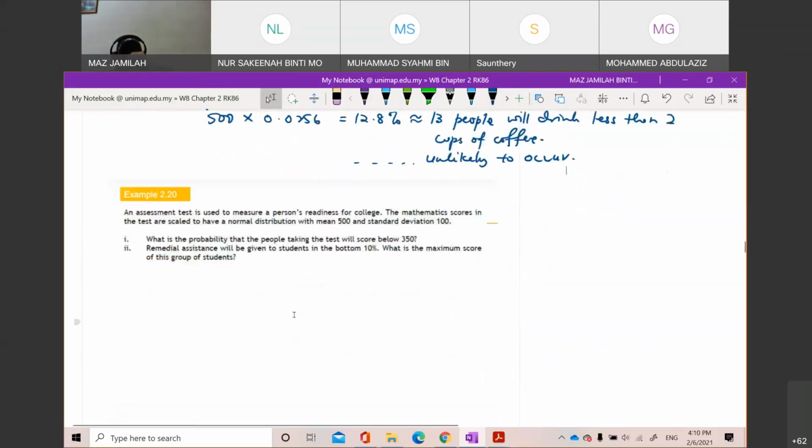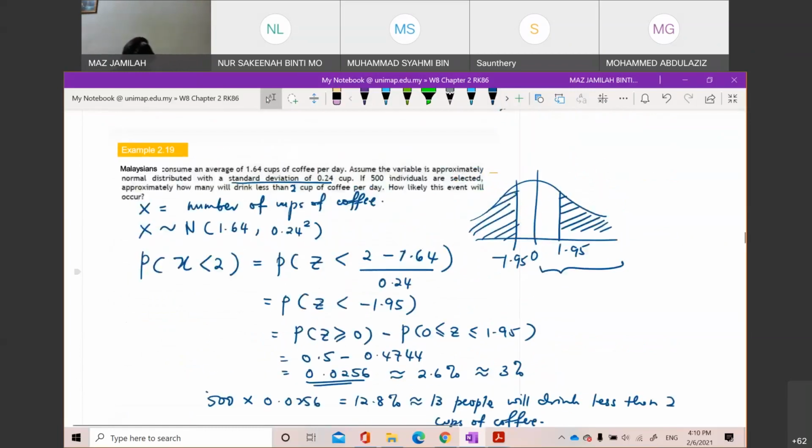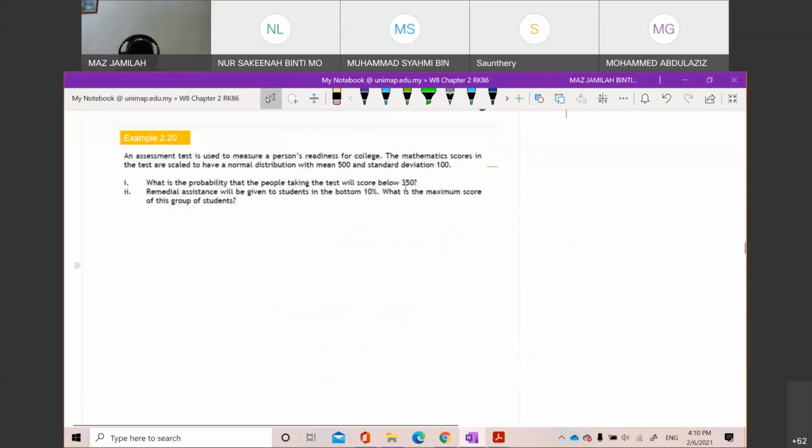Now, do you have any other example? For the second example, example 2.19, you are going to use your second table, which involves the upper tail probability distribution.